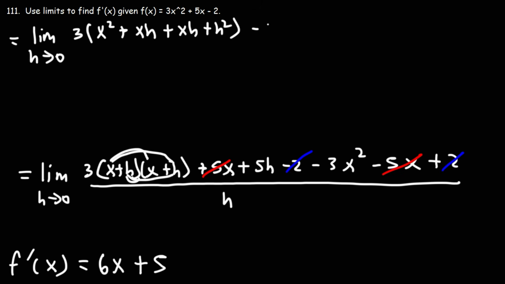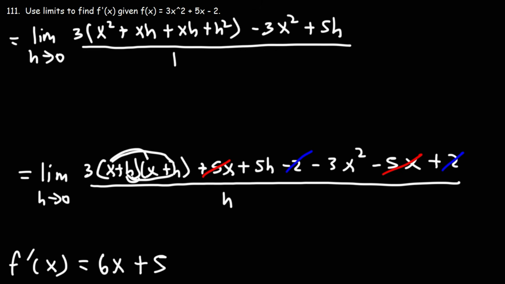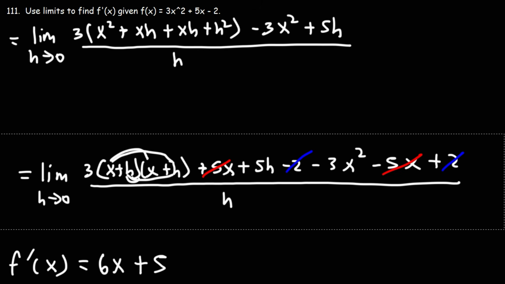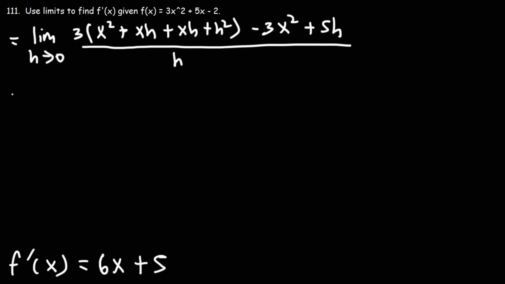So what we have left over is minus 3x squared plus 5h. So this is going to be 3. Here we can combine like terms. Xh plus xh is 2xh.